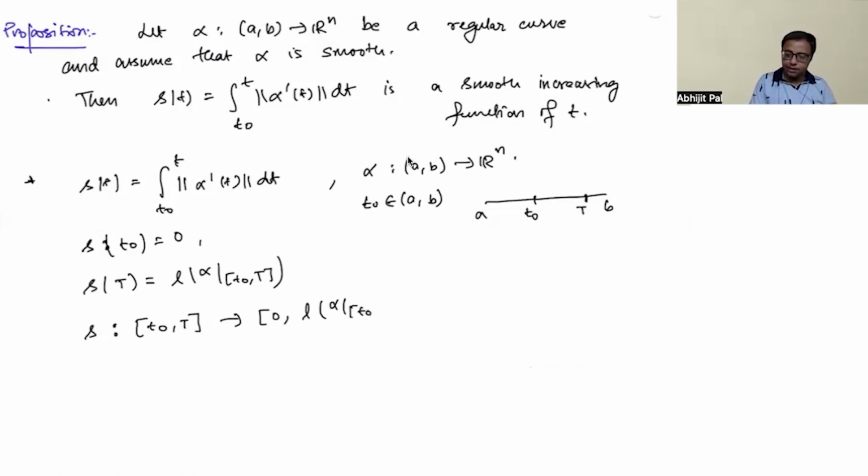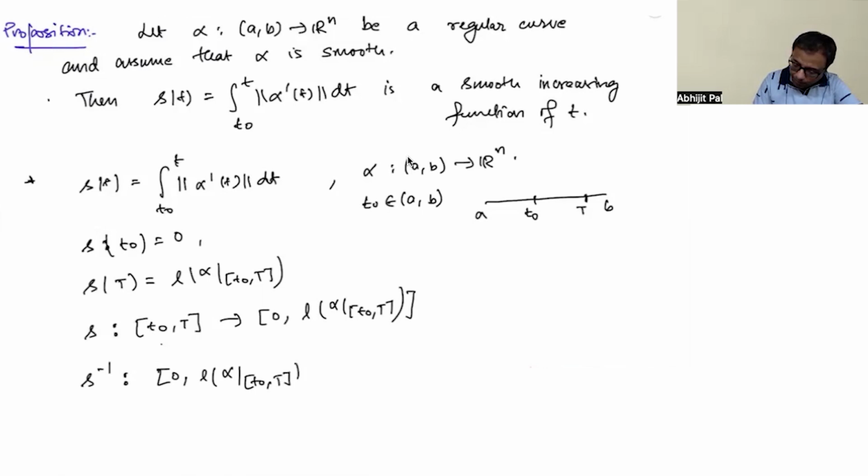S is also smooth if I take this alpha to be smooth. So therefore this S inverse also exists. S inverse will be a map from this closed interval to the closed interval T0 comma capital T.